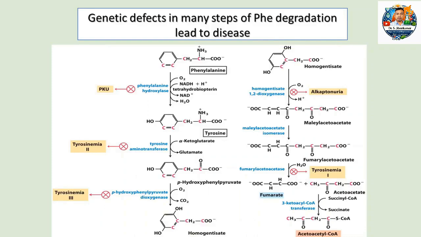So we will be coming to the detailed catabolism or degradation pathway of phenylalanine. And in this pathway, the pathway of tyrosine degradation will also be overlapped.